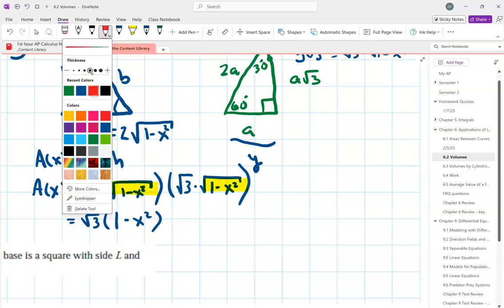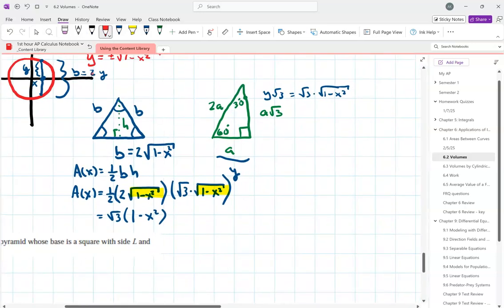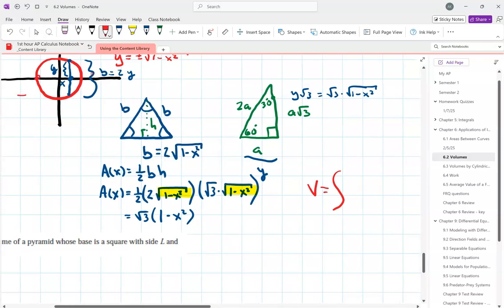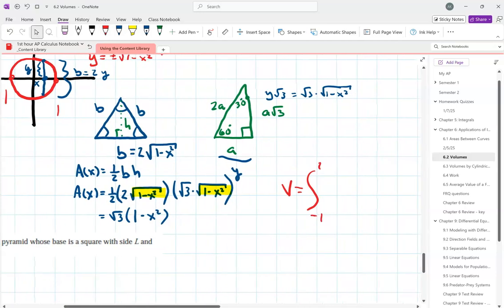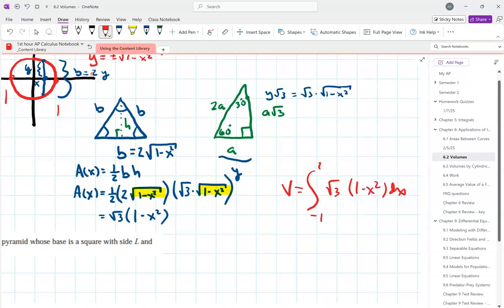So now we have everything we need to integrate this. So my integral is going to go from, if I'm going along the x-axis, -1 to 1. And then it's my area function dx.